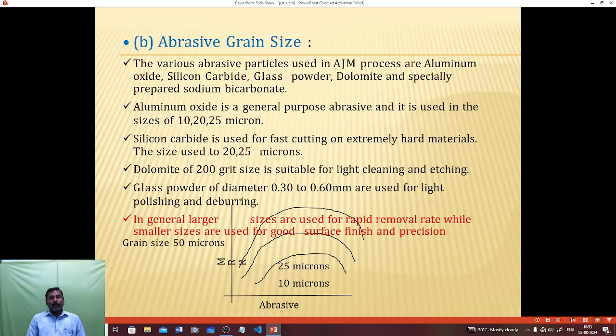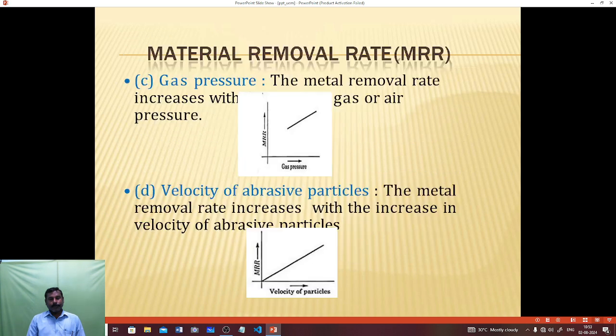Silicon carbide is used for fast cutting of extremely hard materials, in sizes of 20 to 25 microns. Glass powder of diameter 0.30 to 0.6 mm is used for light polishing and peening. Smaller sizes are used for good surface finish and precision. Grain size is 50 microns.